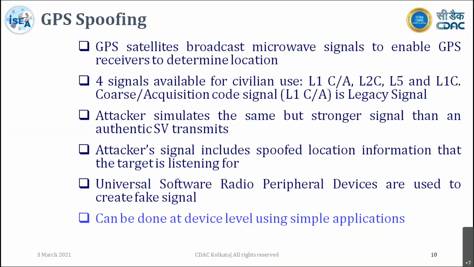And that's the way GPS can be spoofed. In fact, it can be done on a device using a very simple application, and sometimes using a very small piece of hardware as well.